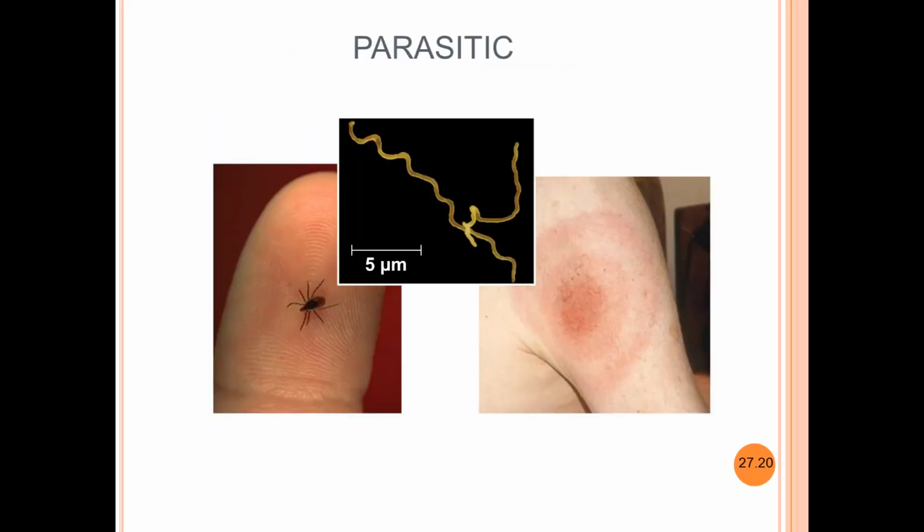I don't have a slide for commensalism, so let me just give you an example. You guys have probably been using a lot of hand sanitizers lately, washing your hands like crazy, and you know you need to do that because there are bad bacteria on your skin. But there are also bacteria on your skin that don't do anything bad or good to you, and those would be commensalistic.